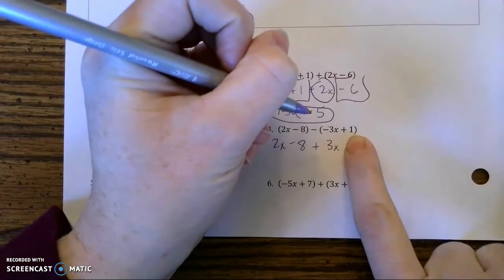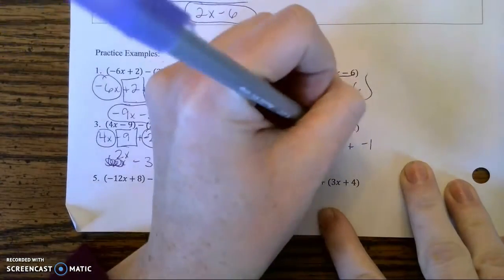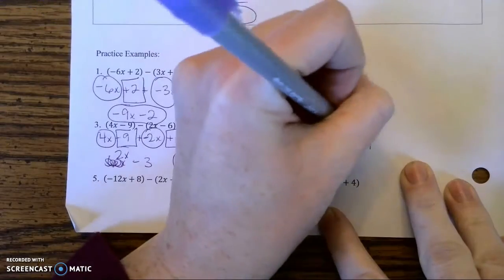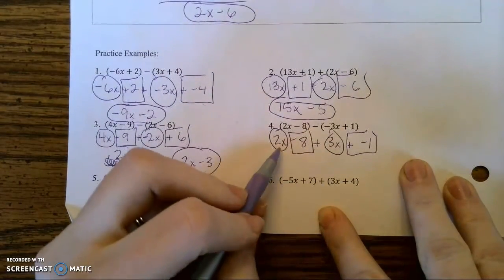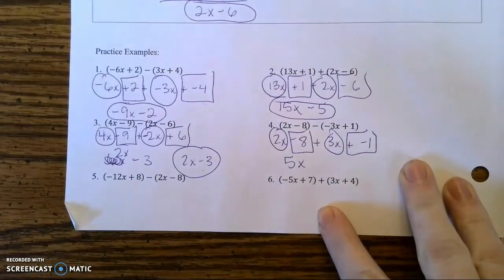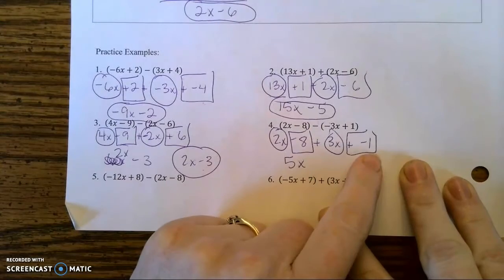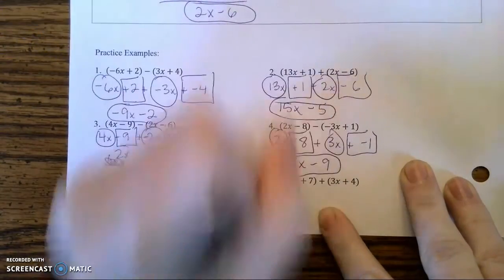The opposite of positive 1 would be negative 1. So I go through, box my constants, and I circled my x's. So now I have 2x plus 3x, which gives me 5x, negative 8 plus negative 1, which would give me negative 9.